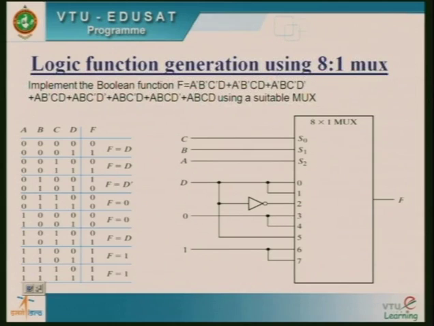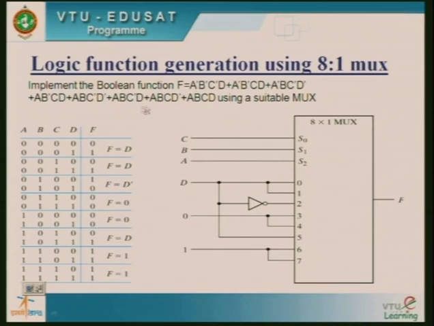So let us take up a Boolean function. We are generating this logic Boolean function using an 8:1 mux. You can just see I have taken the equation f where we have these terms. These terms are entered in the truth table.